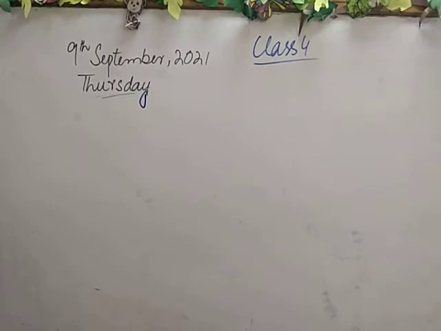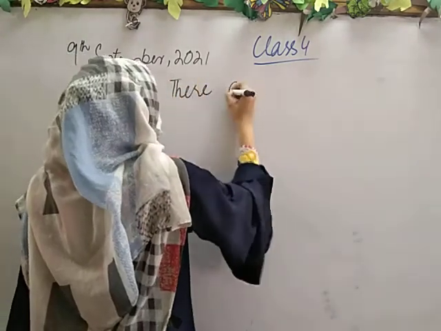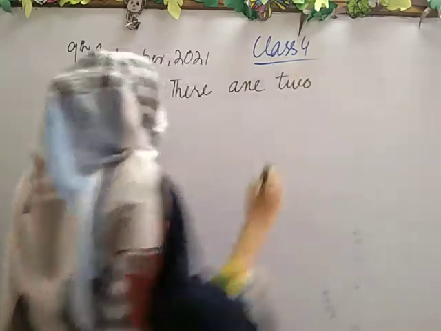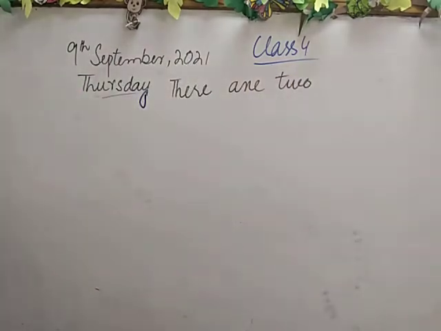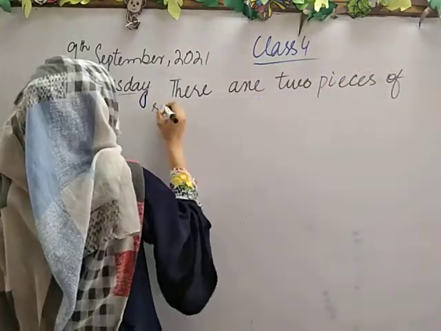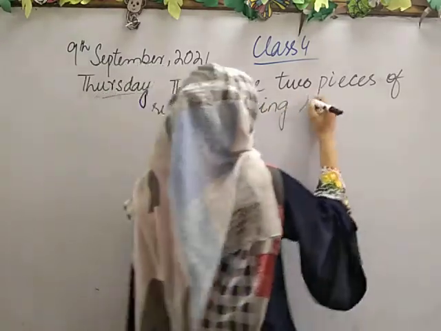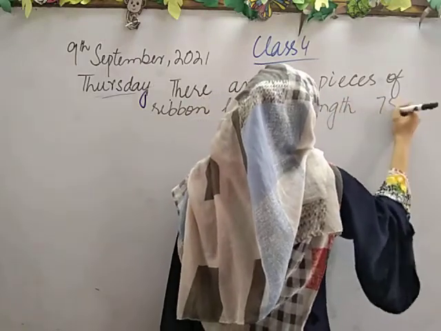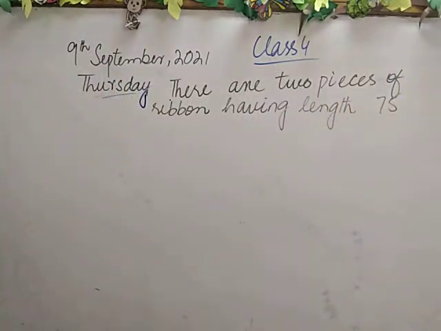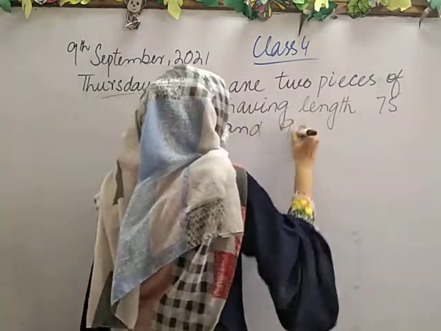Now the statement is: there are two pieces of ribbons having length 75 meters and 90 meters.